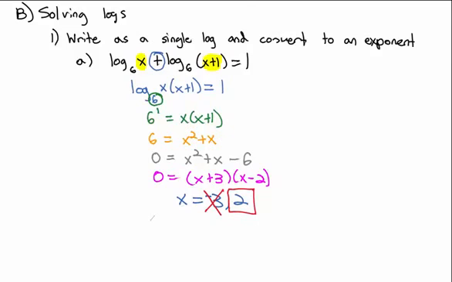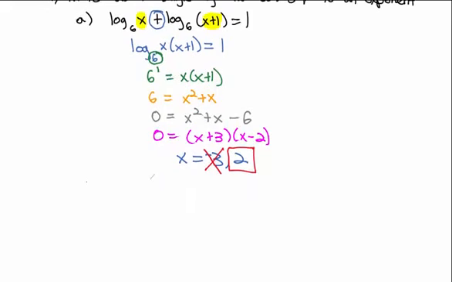With logs, sometimes we'll have one solution, sometimes we'll have two solutions, sometimes we'll even have no solutions. So make sure you're always checking your solutions. We cannot take the log of a negative number. Be careful there, that does not mean if the solution is negative we have to delete it. That's not the case at all. We don't throw out the negative 3 because it's negative.